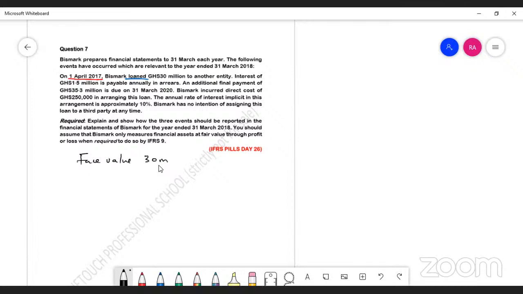Interest of 1.5 million is payable annually in arrears. So nominal interest, 1.5 million. An additional final payment of 35.3 million is due on 31st March 2020. So redemption value is what? 35.3.